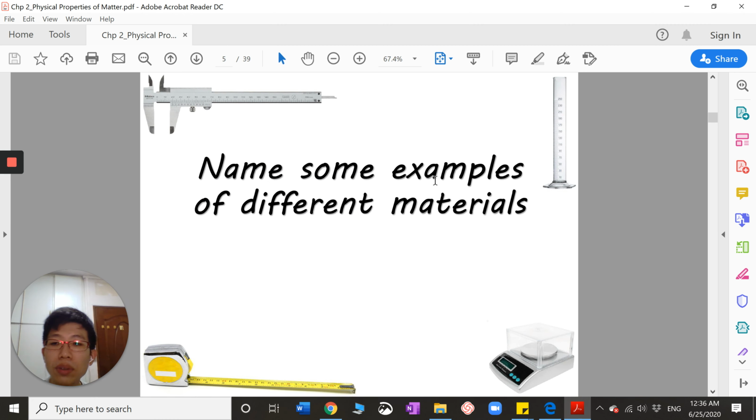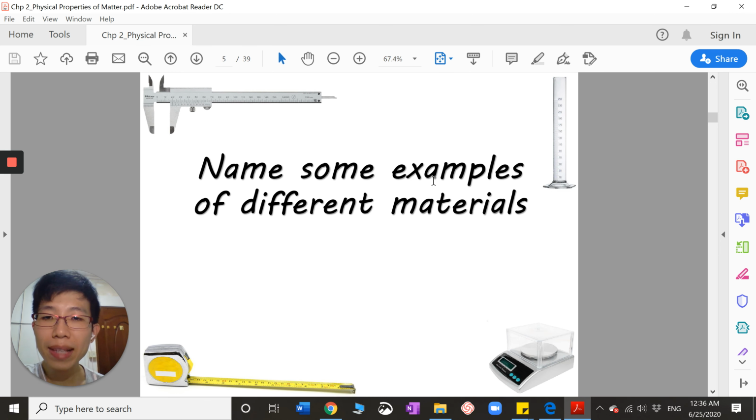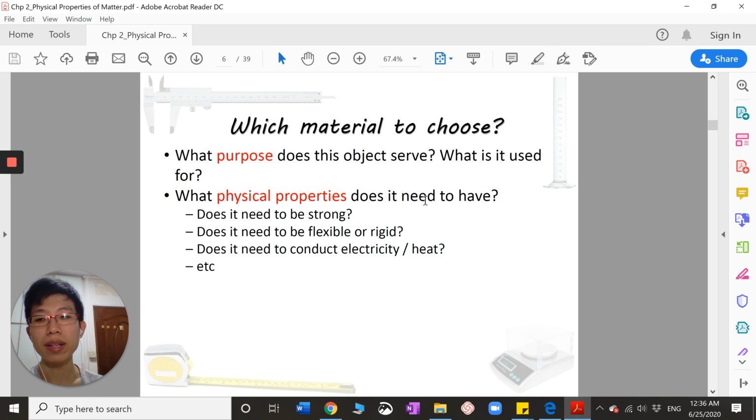After you learn about the different physical properties, like knowing what they mean, you need to be able to explain why some materials are used in your daily life objects. For example, your saucepan, why must it be metallic on the outside, so that it can conduct heat easily?